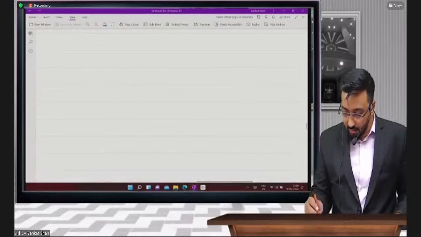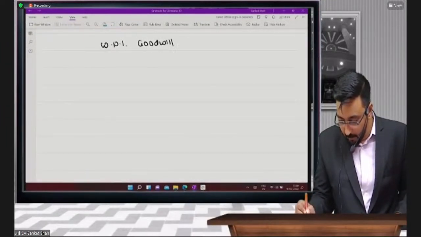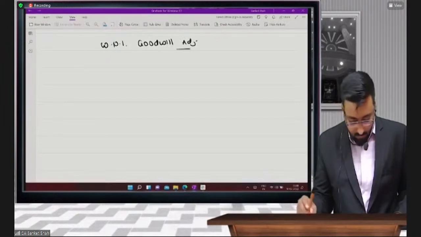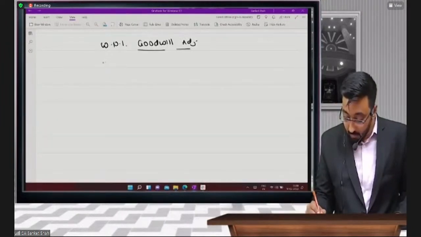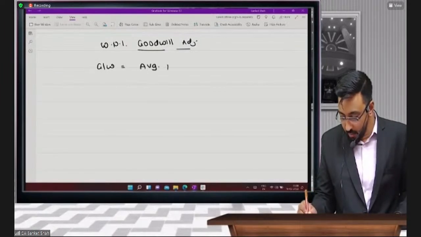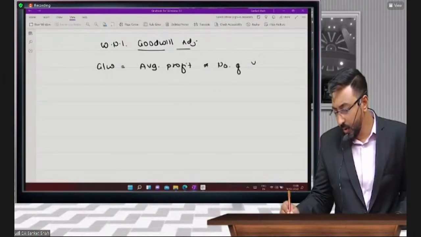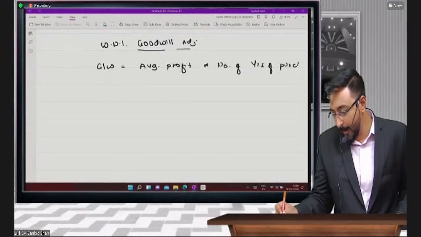Okay, so working note 1 after balance sheet, goodwill adjustment. Goodwill is equal to average profit into number of years of purchase.